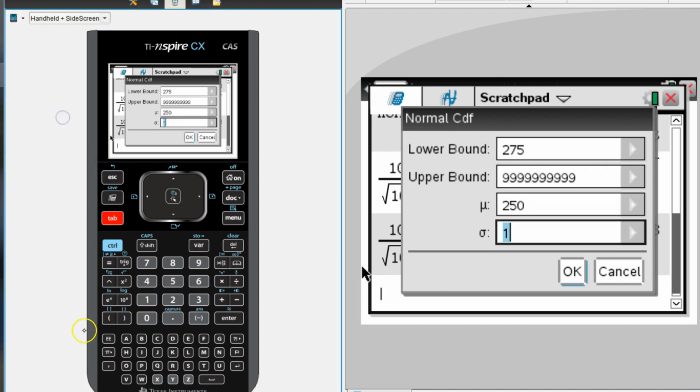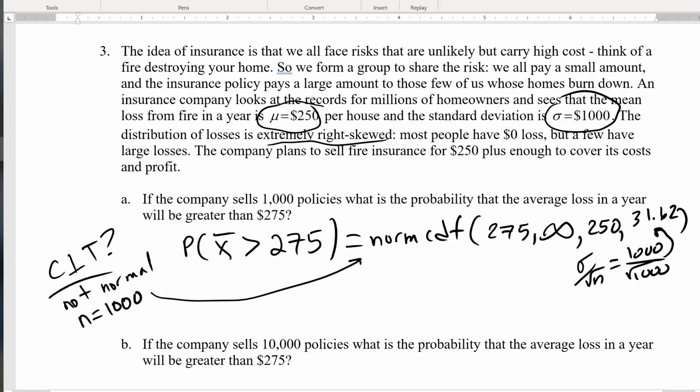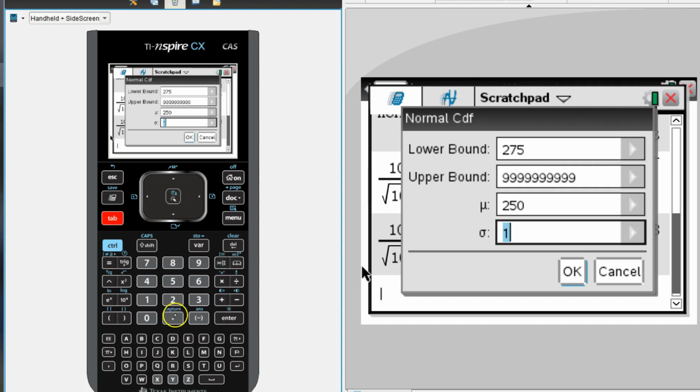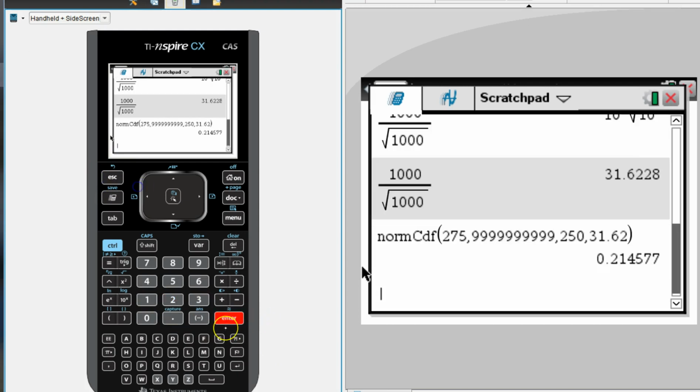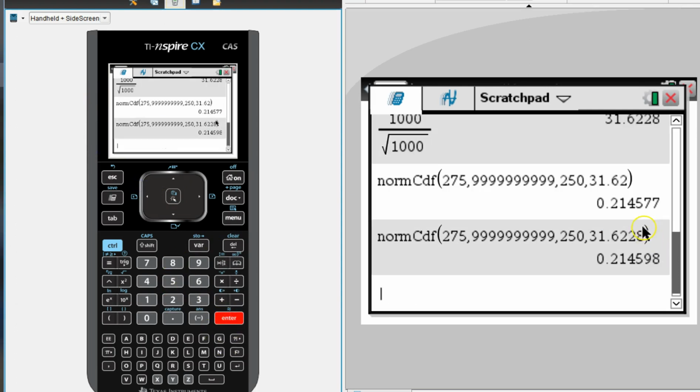And the standard deviation, we approximated, I probably should have written some more decimals down, was about 31.62. But actually, before I hit enter, I might just add some more decimals to that. I could put 31.6228, see if it makes much of a difference. What if I made it 31.6228? Pretty good. We're not going to have any issues with 3 to 4 decimal places on that. So 0.215.